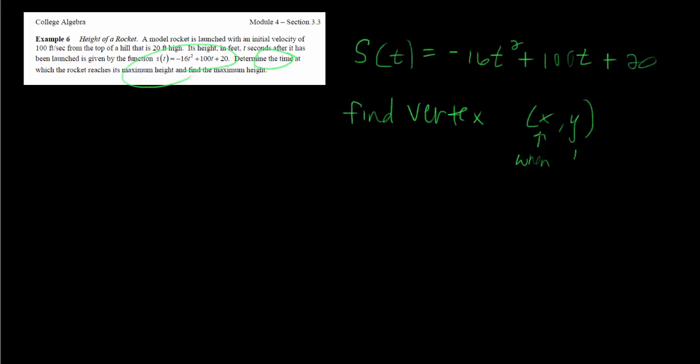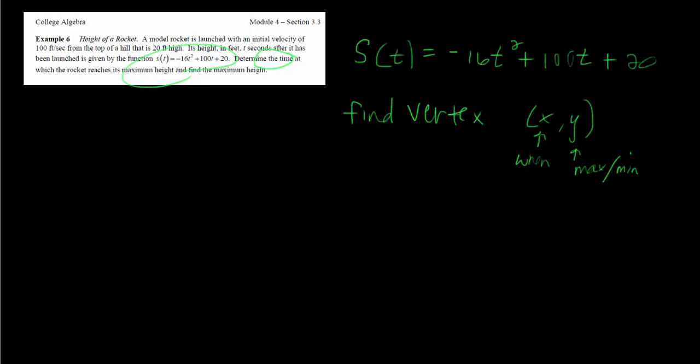The y value will be the maximum or the minimum. So if I can just take this function s of t and find the vertex, I'll have the time, and then I'll have my maximum height.